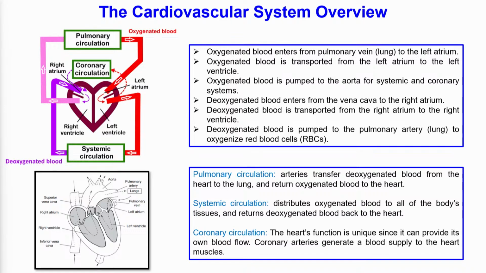So, oxygenated blood will enter from the pulmonary vein to the left atrium, and from the left atrium by the action of the valve it comes to the left ventricle, and then from there it gets circulated by the systemic circulation. That means, over the entire body, that circulation which takes place, which distributes blood to all of the body's tissues, and then it returns deoxygenated blood back to the heart.